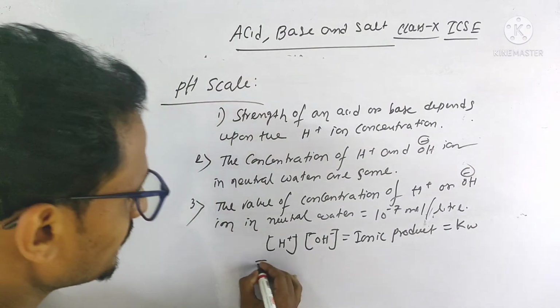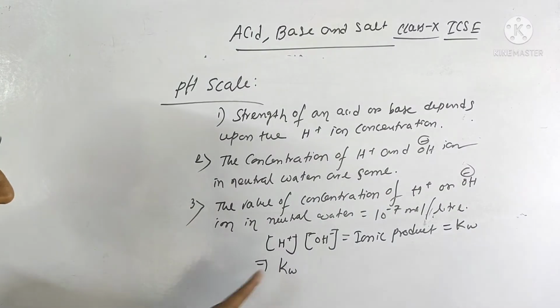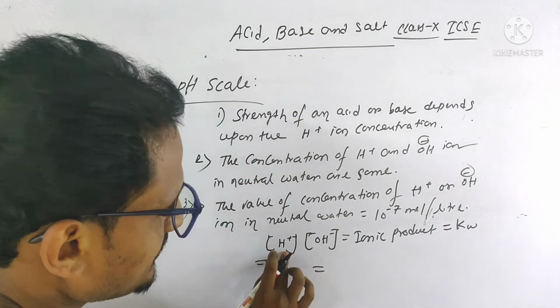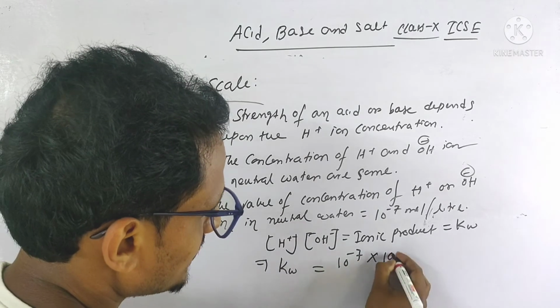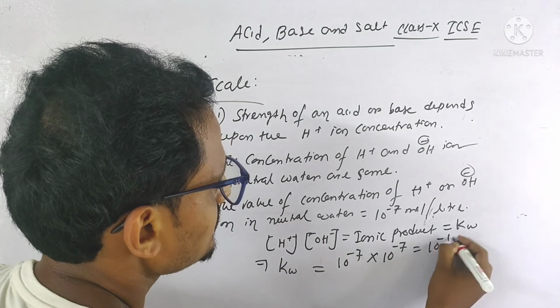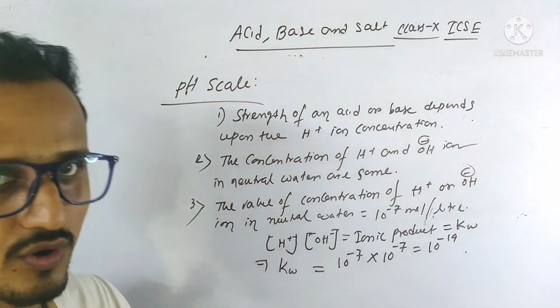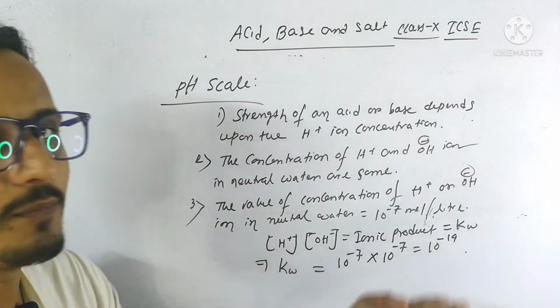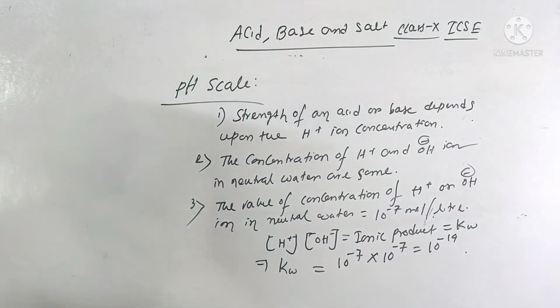Now Kw equals H plus ion concentration, which is 10 to the power minus 7, and OH minus also 10 to the power minus 7. So we will get 10 to the power minus 14. So it is Kw and it is constant for neutral water. This value of the ionic product is constant. It will not change. So copy this one first.